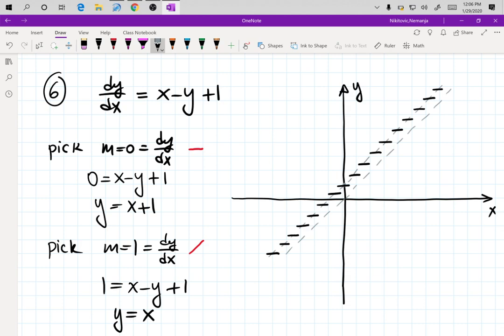And along that gray line, I'm going to fit a couple of these 45-degree slopes, little slopes, right? Which are now actually coinciding with my gray line because they have the same slope.